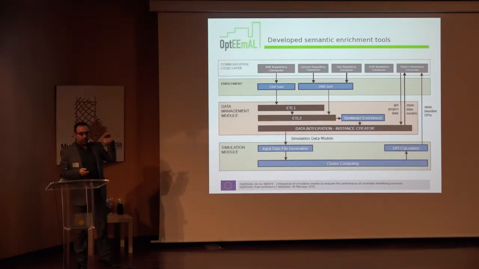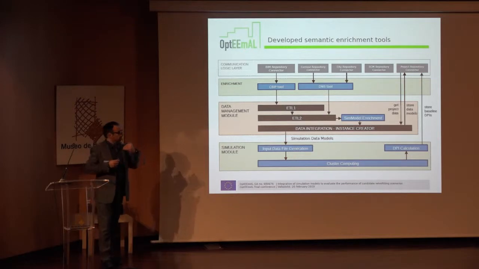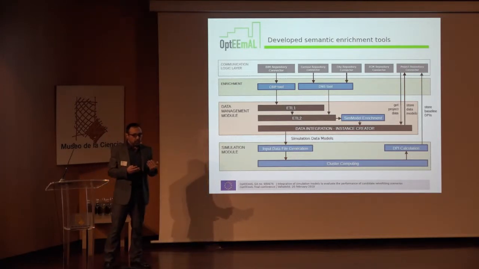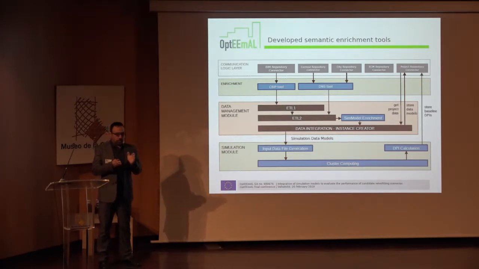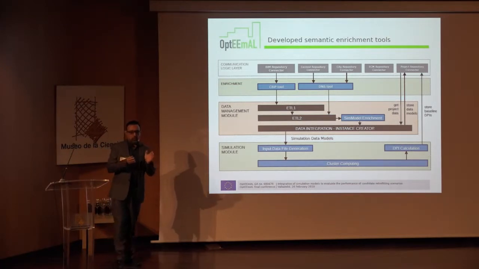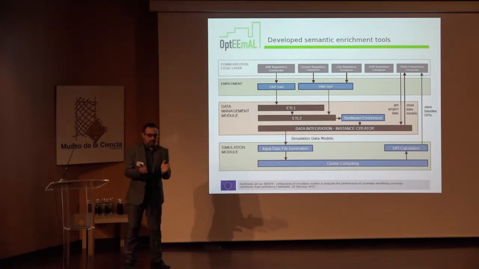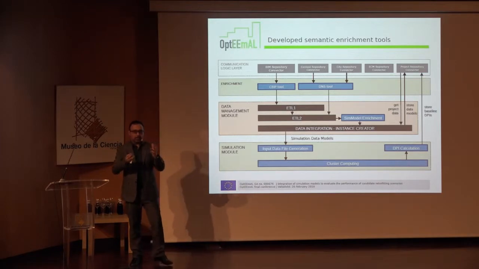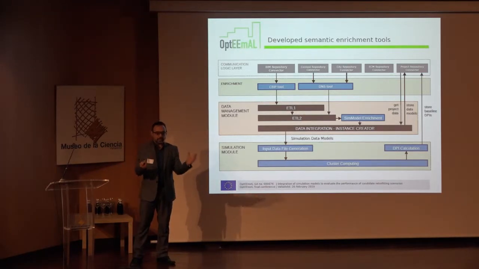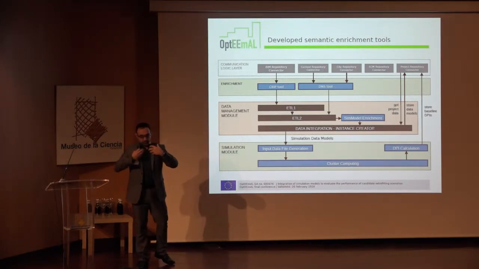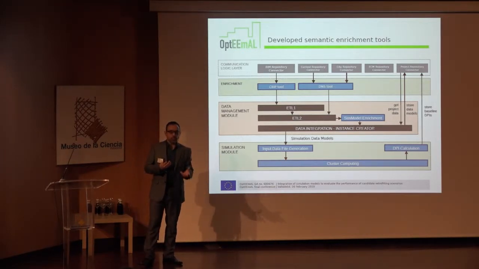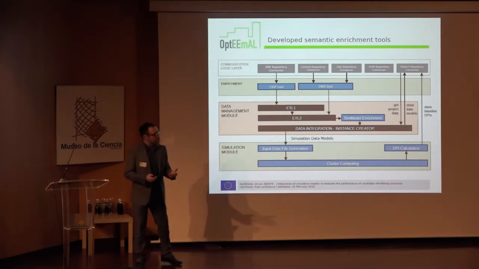And also the third stage is the semantic enrichment tools. When we make sure we have an IFC file, a building information model data file that is complete and correct, it has to pass through a transformation process in order to produce a simulation input data file.